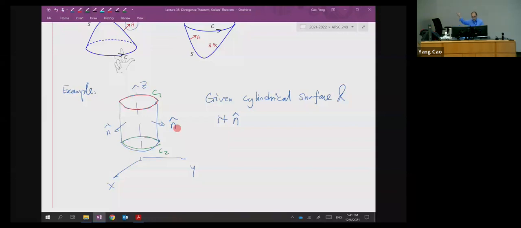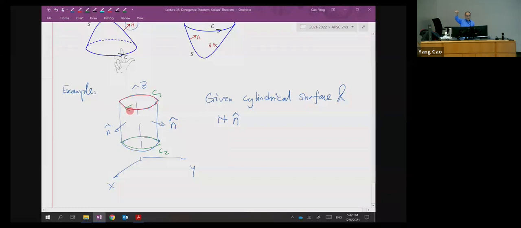Let's do the C1 first. Should the C1 go counterclockwise or clockwise when you look from the top? Yes, clockwise. So if you go clockwise, it basically means this way here.